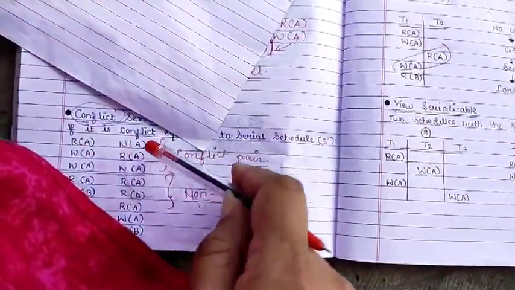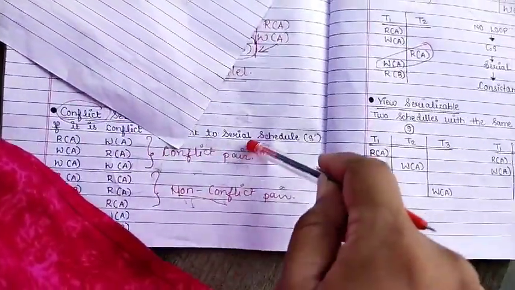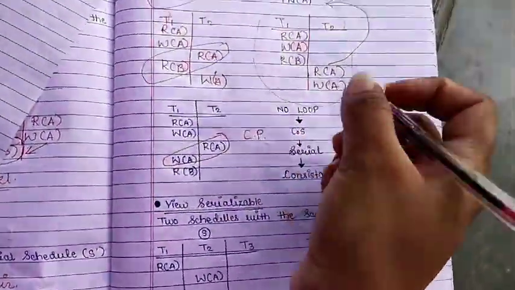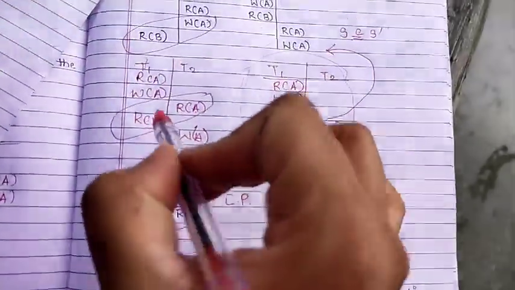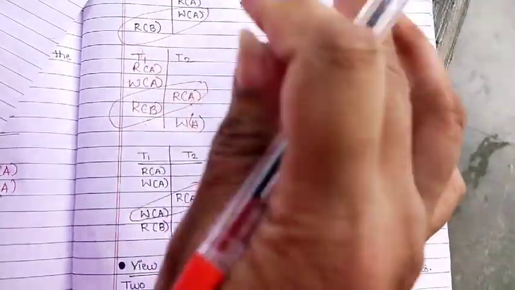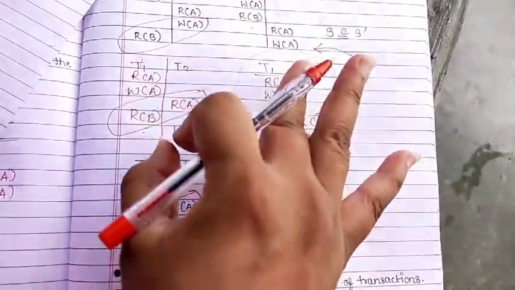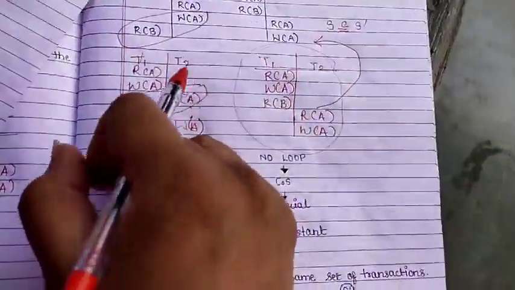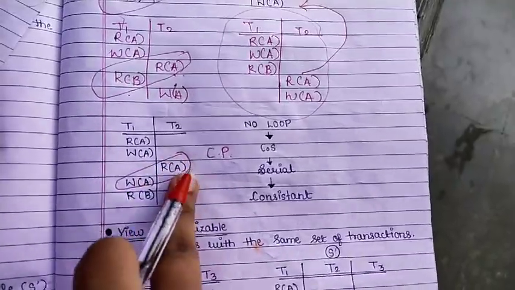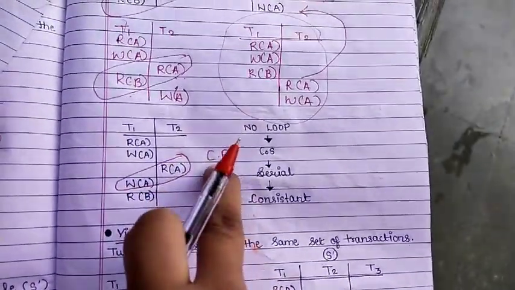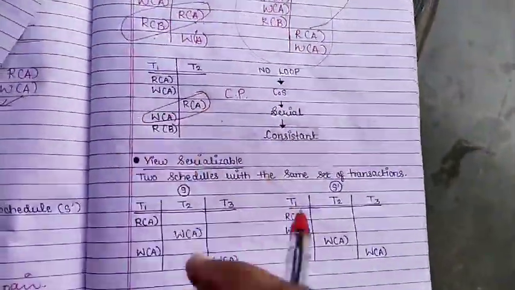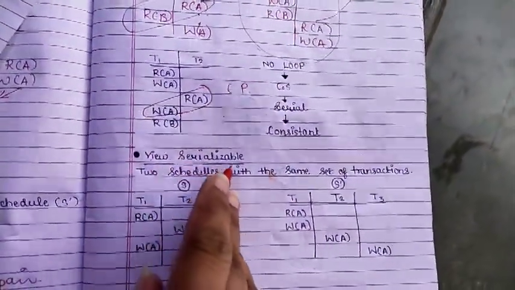These are a conflict pair. As we know, only when both operations are a non-conflict pair can we swap them. But what about when adjacent operations are in conflict form? To solve this problem, we have another type of serializability, that is view serializability.